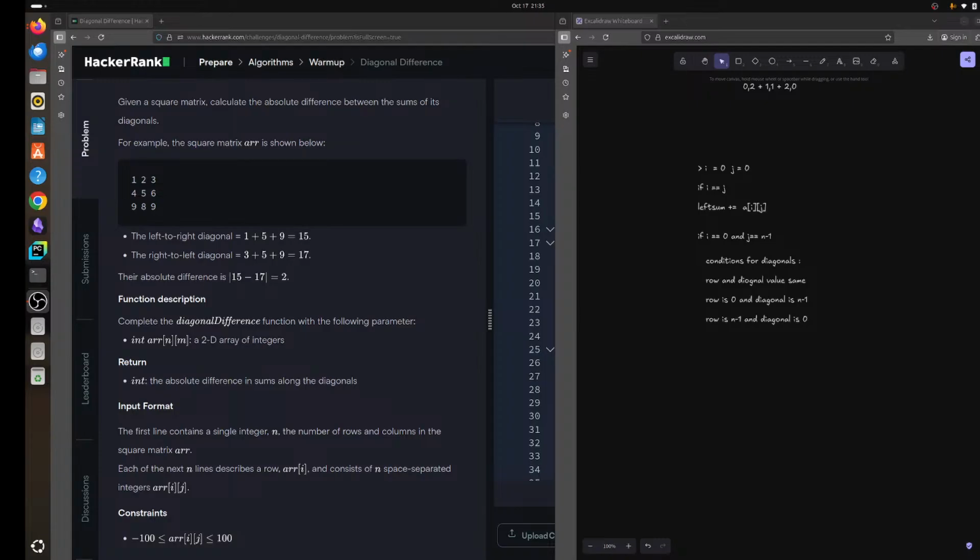So let's discuss this problem. The problem has its own challenges.